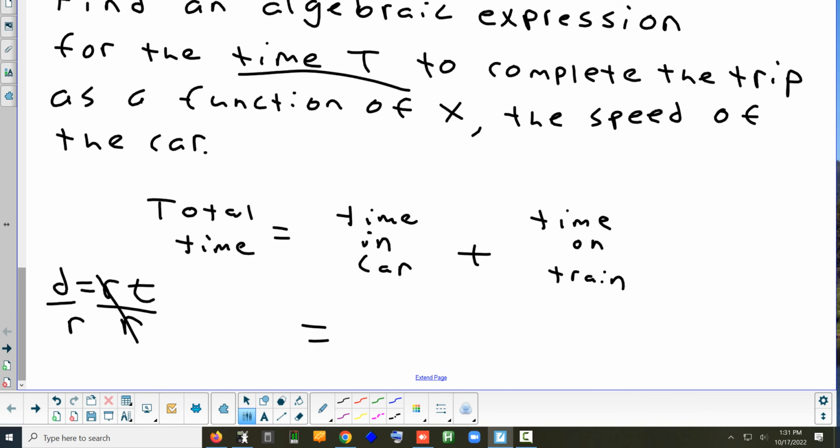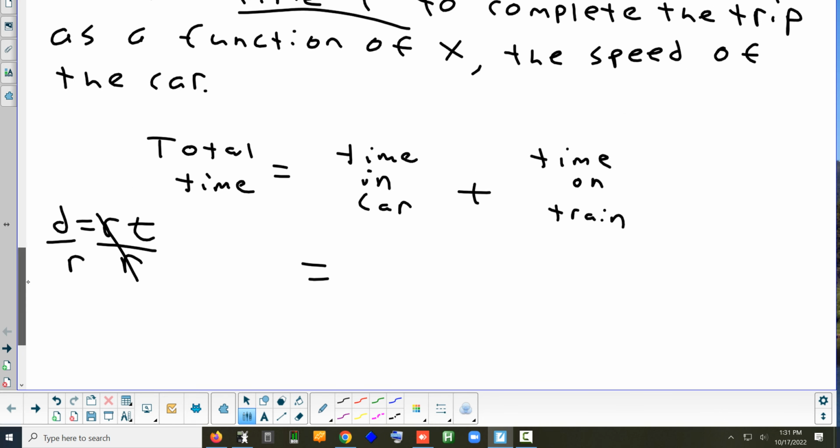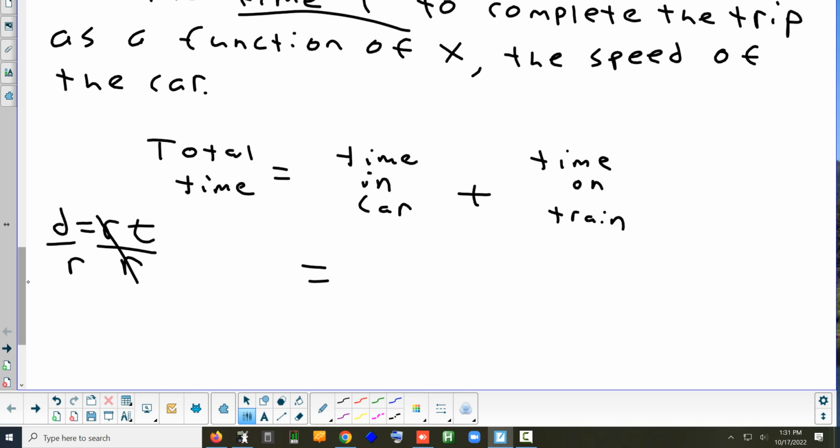So now, to find the total time, we want the time in the car, but how do you find the time in the car? Time is distance over rate. So we need the distance in the car divided by the rate of the car. Distance divided by rate will give you time.